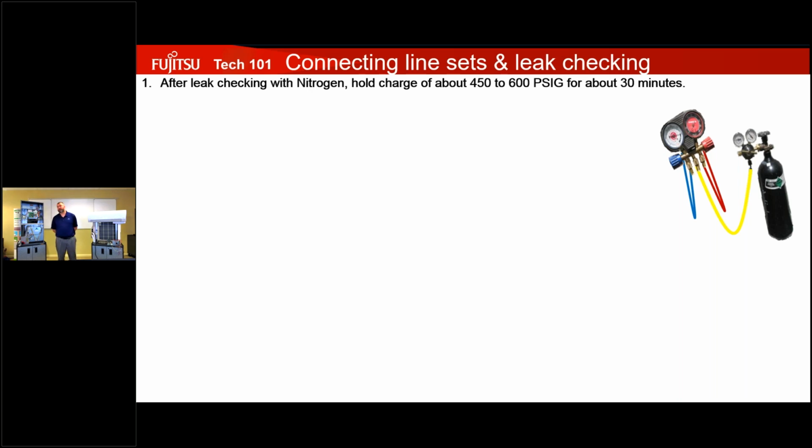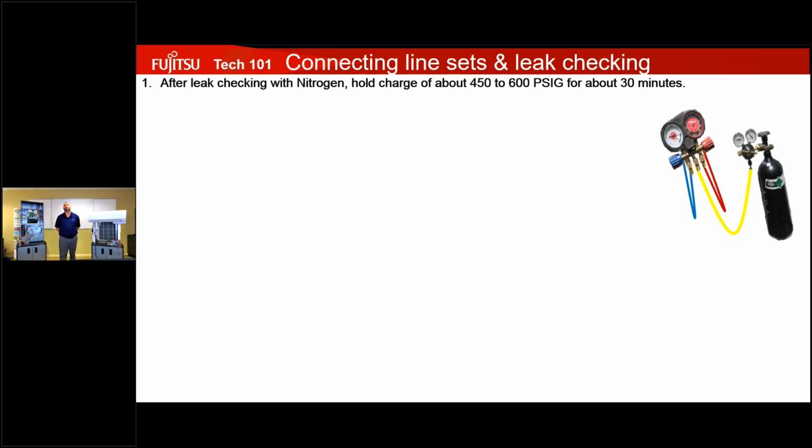So crank the valves on those nitrogen tanks all the way open and let that nitrogen flow. We want to try to get up to that 500 to 550 range and hold in that area for 30 minutes. That's really the only way.